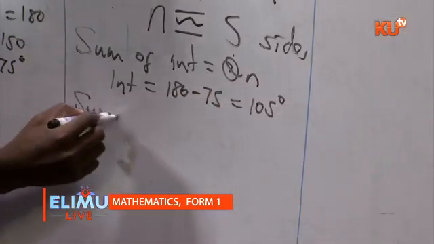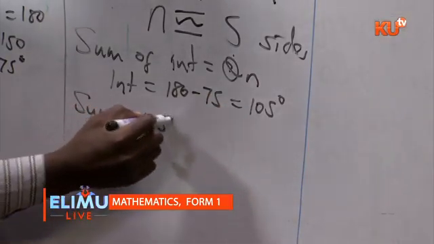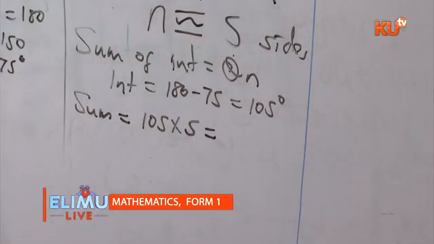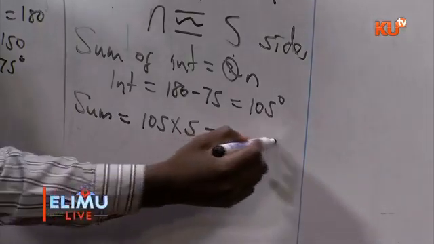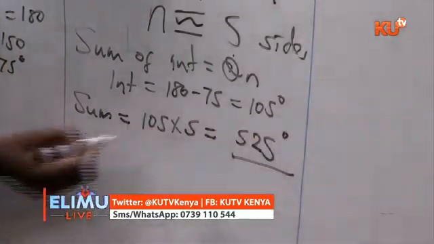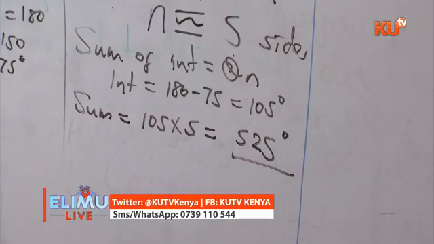Therefore, the sum will be 105 times 5. 105 times 5 gives us 525 degrees as the sum of interior angles.